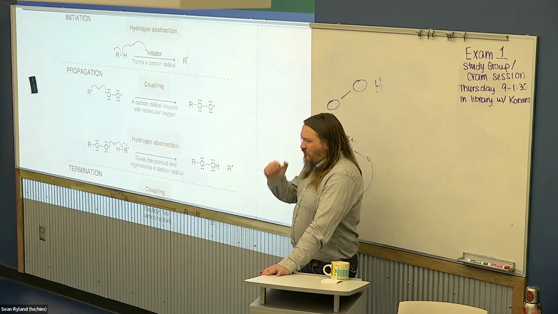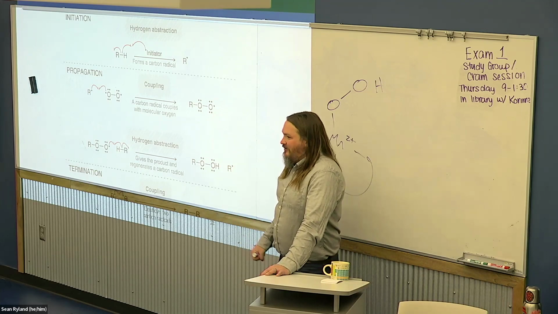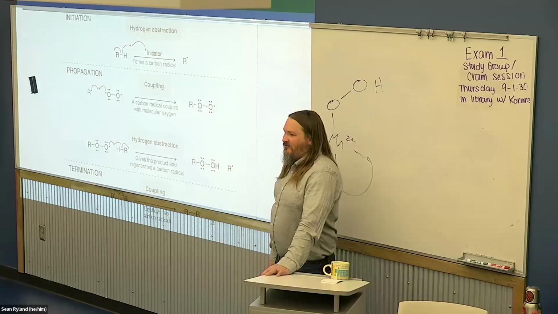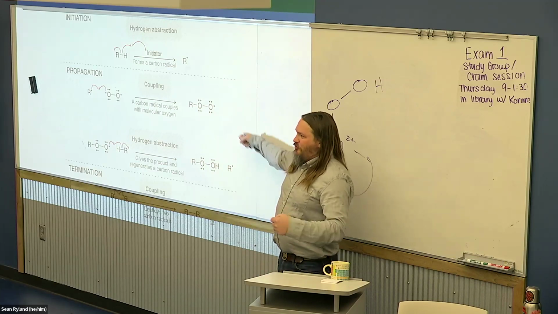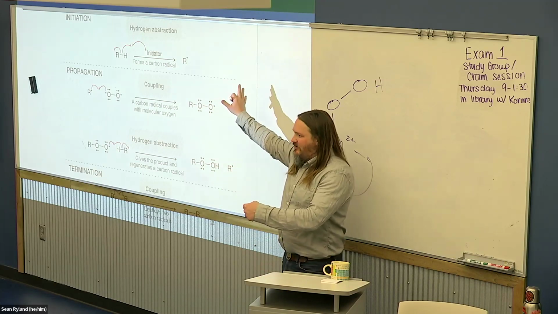And if copper 1 runs into another free radical, it'll give away an electron to go back to being copper 2. But again, now you have an even number of electrons on your organic material. So basically, it's just an enzyme that holds on to a copper and then goes around and finds free radicals and holds them next to the copper until the reaction happens, and then it lets them go.